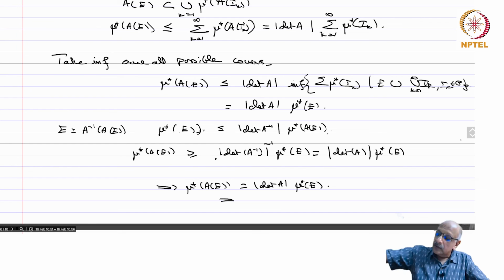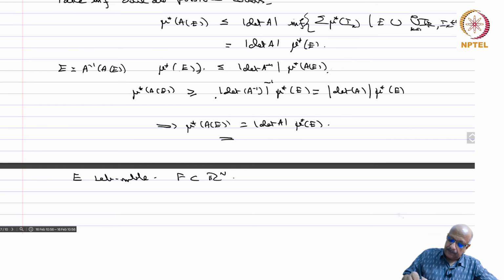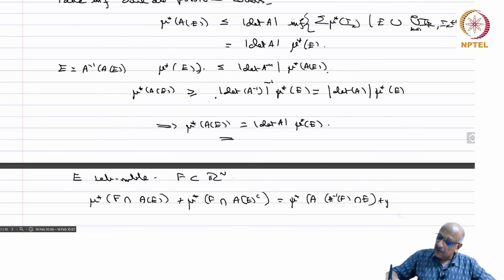Okay, so now it is straightforward for the Lebesgue measurability. Let us take E Lebesgue measurable and F contained in Rn. So let us take mu star of F intersection AE plus mu star of F intersection AE complement, which is equal to mu star of A inverse F intersection E plus mu star of A inverse F intersection E complement.